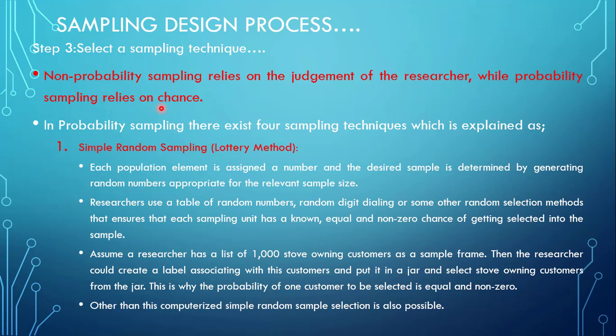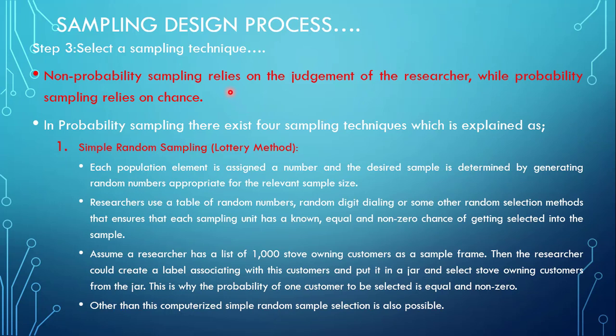So when you are going to use non-probability and that of probability, there are different criteria that you need to consider. If you have the complete list of the population, the sampling frame, then you could use probability sampling.